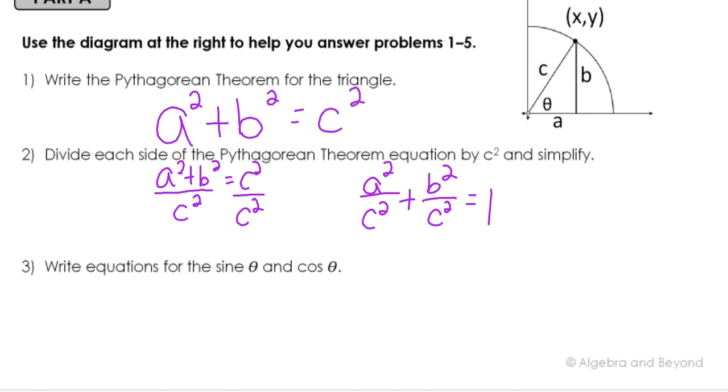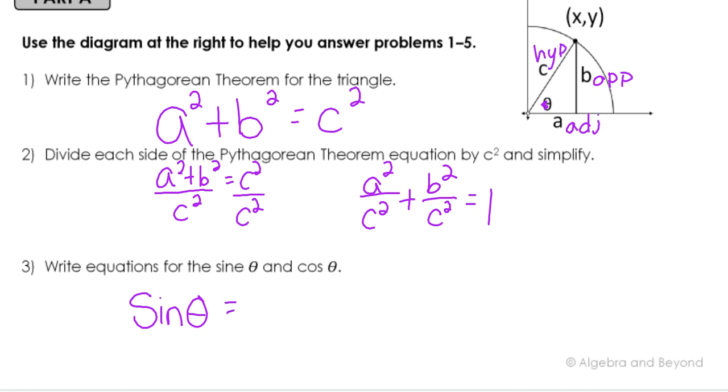We're going to write equations for the sine and cosine of theta. We know that sine of theta in this triangle, so remember here's your theta, in that triangle with theta being where it is, b is the opposite side, a is the adjacent side, and c is the hypotenuse.